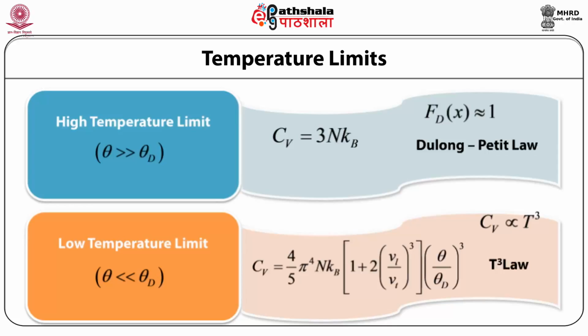And this is the T cubed law, which experiments were showing. So you see that the Debye model not only correctly predicts the high temperature limit, but also the low temperature limit.